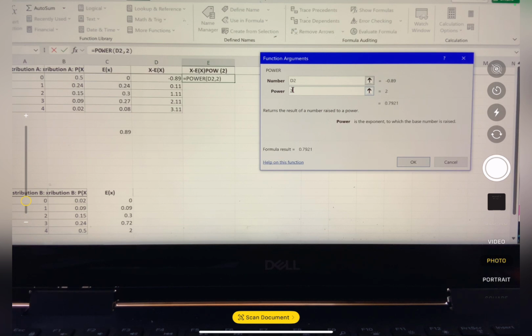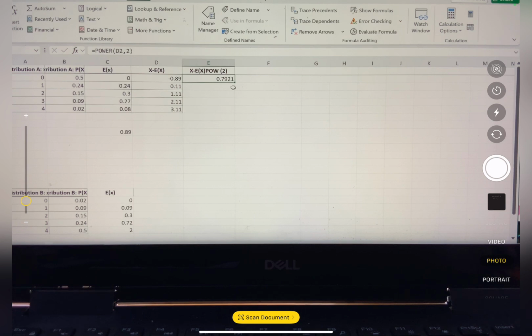If I needed a cube, I would put 3. Here you see the result. Once I drag it down everywhere, it's going to be power 2. Because I put the number 2, not a cell, just the number itself, everywhere it's going to be a square.